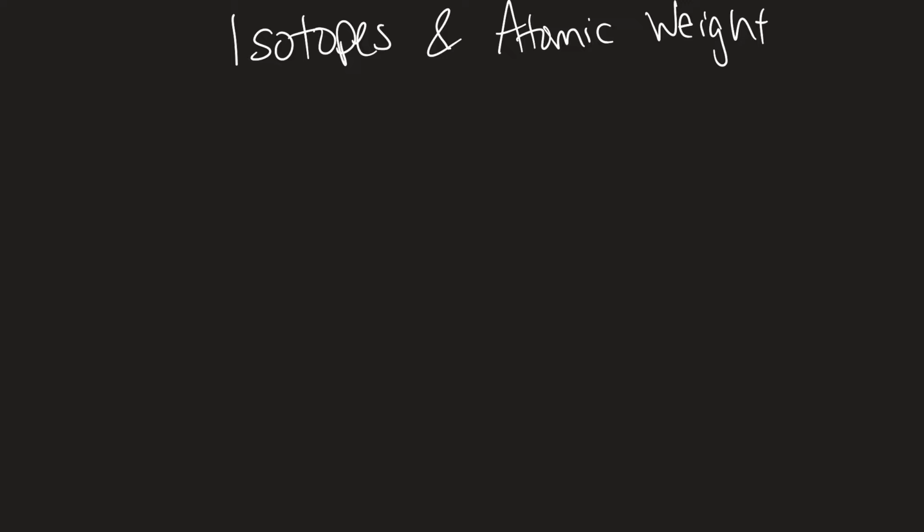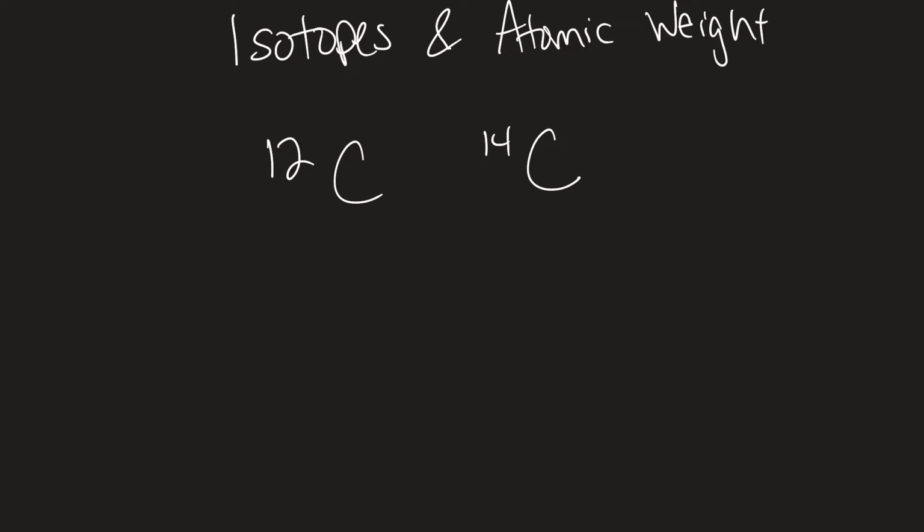All right, so first, all atoms of a given element have the same number of protons, but they may not have the same number of neutrons. Thus, they may differ in mass numbers. For example, we have a carbon 12 and a carbon 14.